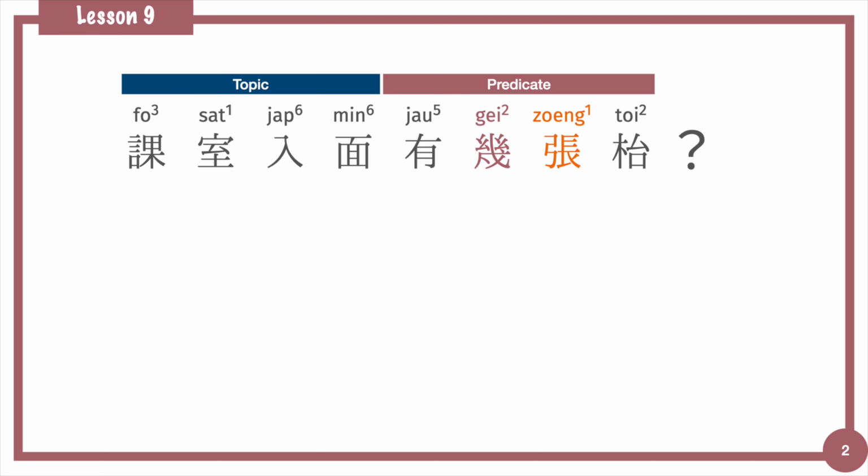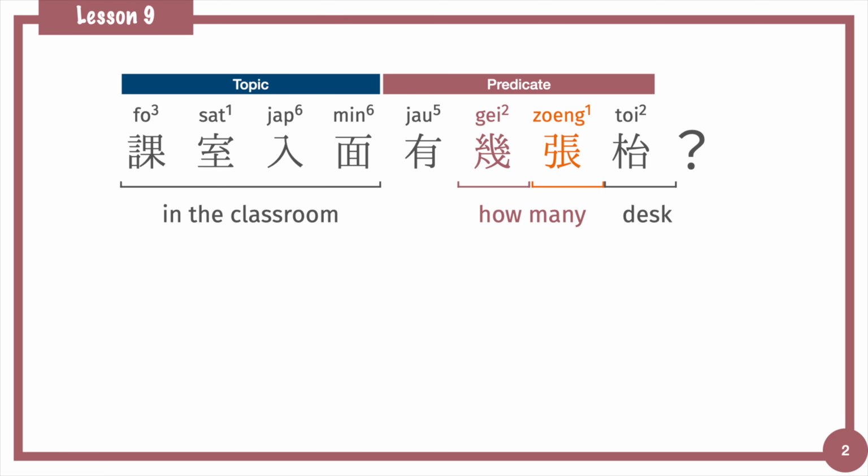Asking quantity, we have to use 幾 or 幾多 to replace the number in the sentence, such as 課室入面有幾張枱. 幾 placed in front of the measure word 張. 幾張 how many. 枱 desk. 課室入面 in the classroom? 有 is the main verb means to have. 課室入面有幾張枱?